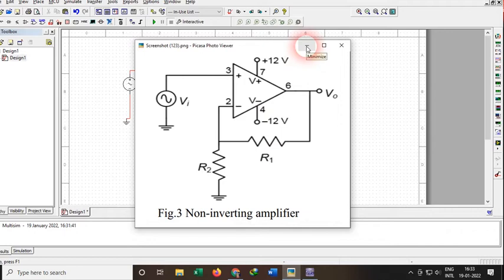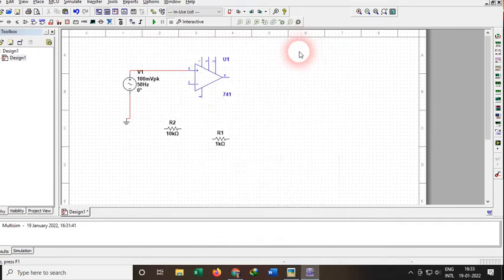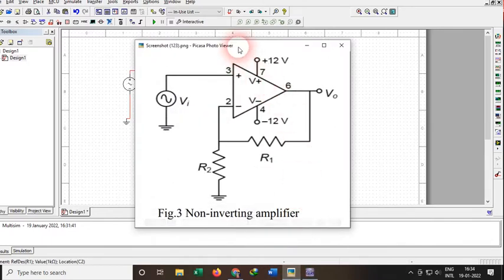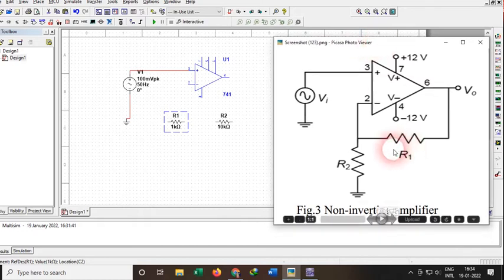I'm going to draw the R1 resistance here. Don't get confused: R1 should be of higher value and R2 of lower value. In the case of a non-inverting amplifier, the gain is 1 plus the feedback resistance divided by the other resistance.